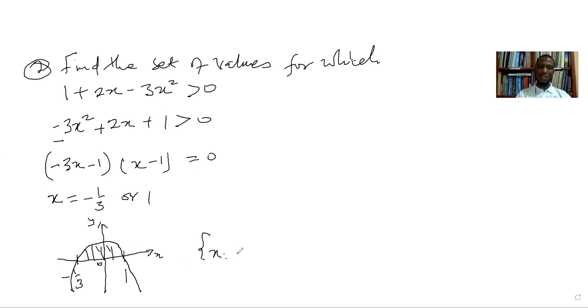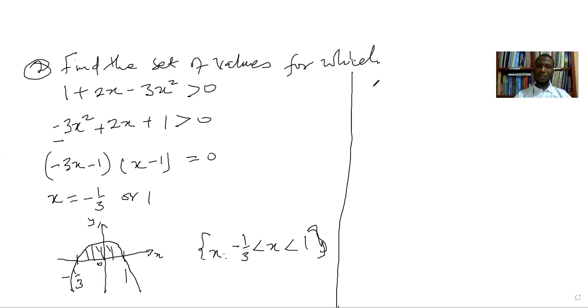So it's going to be x is such that negative 1 over 3 is less than x, which is also less than 1. Then we close our bracket. So this is our answer.